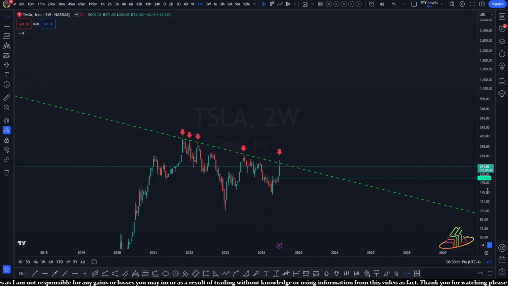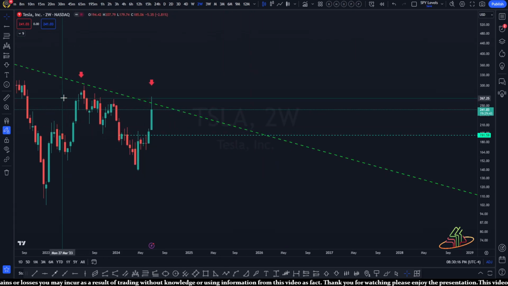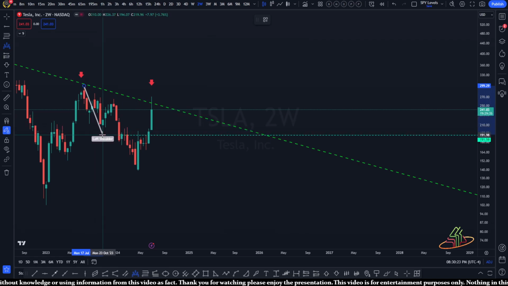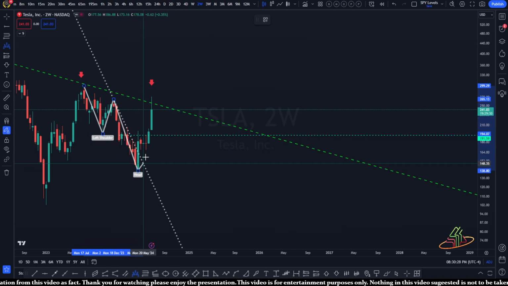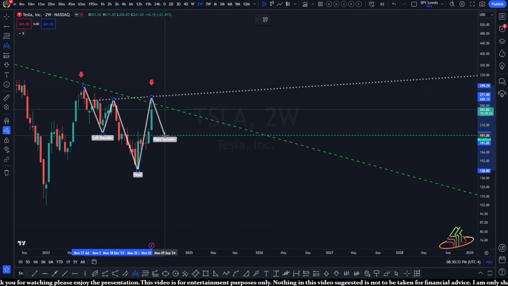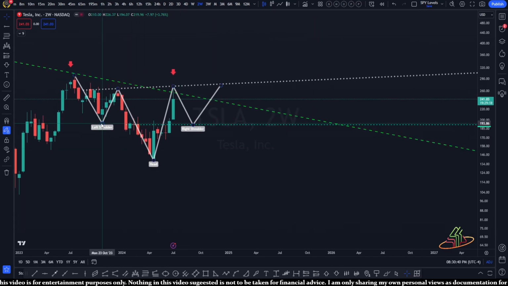When I look at this right here, right, and I open this up, well, right here seems to be another inverse head and shoulders, right? And when I look at this one, it just so happens that this measures up with this, right?